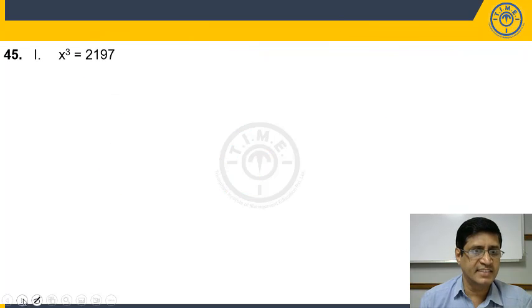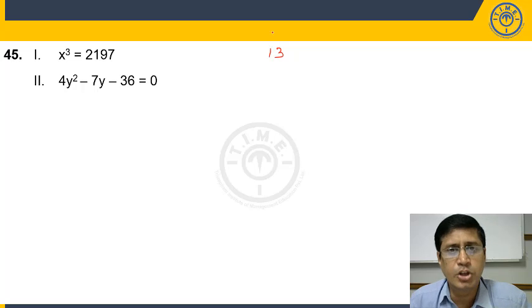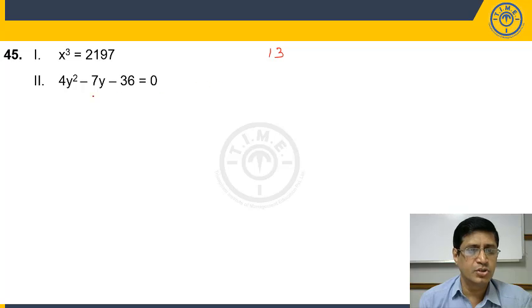Now look at the next example on your screen. X cube is equal to 2197. The value of x is 13. 13 cube is equal to 2197. Then what is the next? 4y square minus 7y minus 36 is equal to 0. 36, here we can express this as 4 into 9. So what is the possibility to get this 7y as a middle term? 4 into 4, 16.